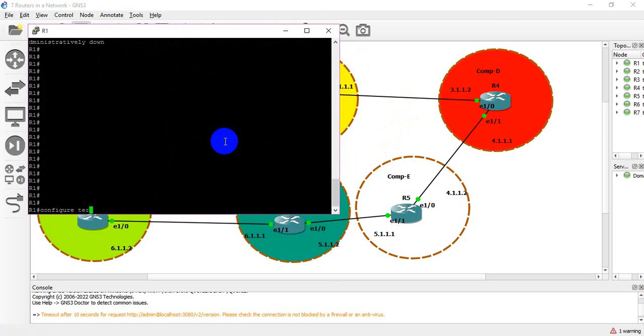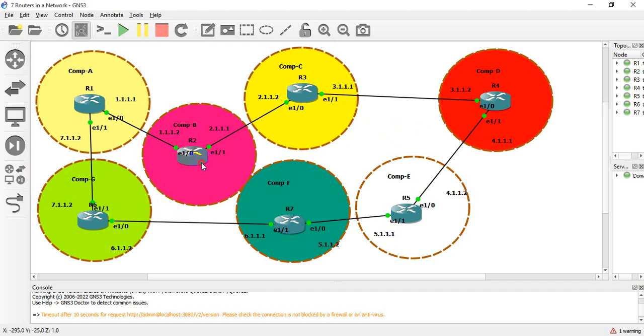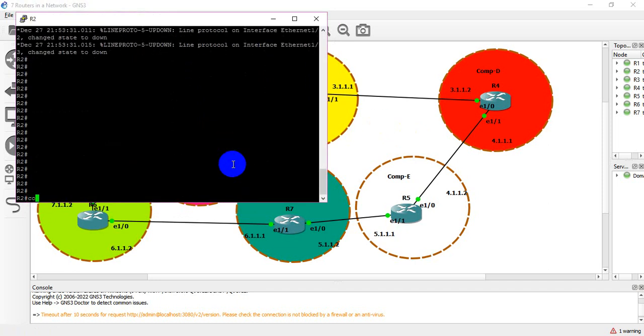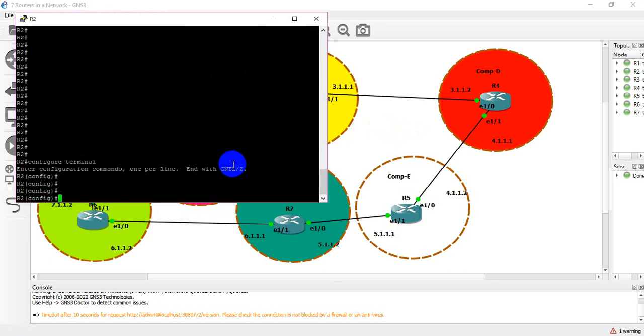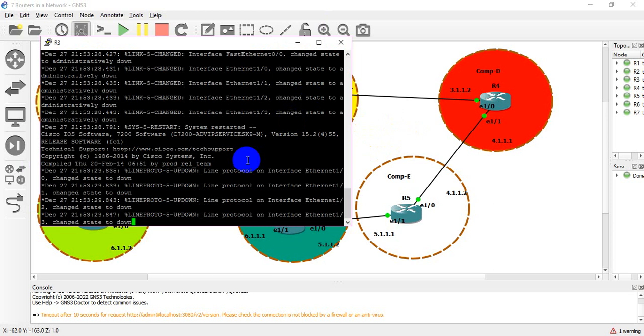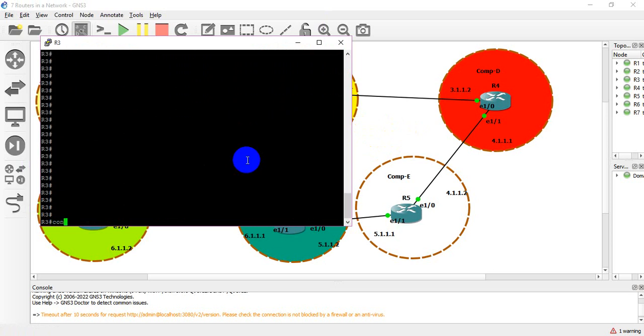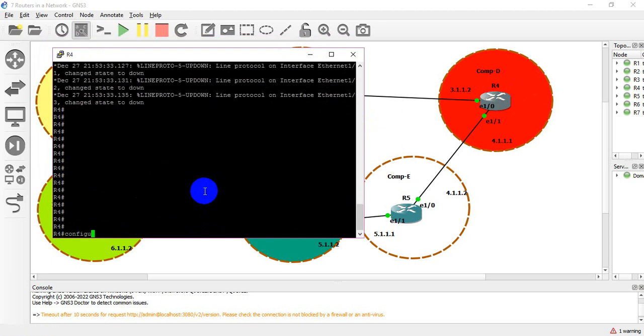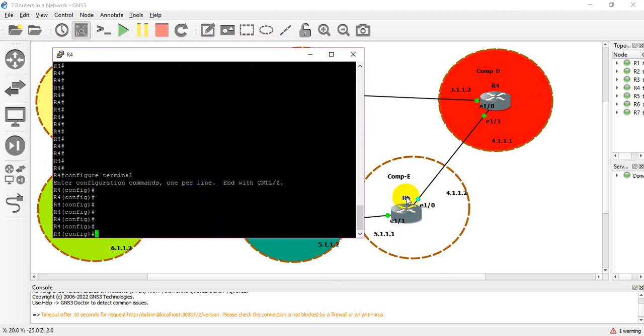First, I want to go from privileged execution mode to global configuration mode in each router. Why are we going to global configuration mode from privileged execution mode in each router of each company?